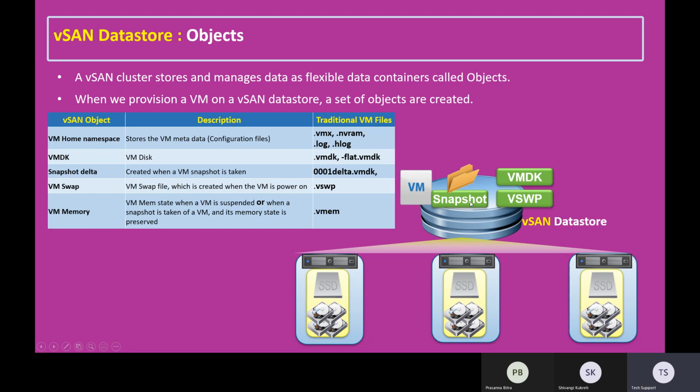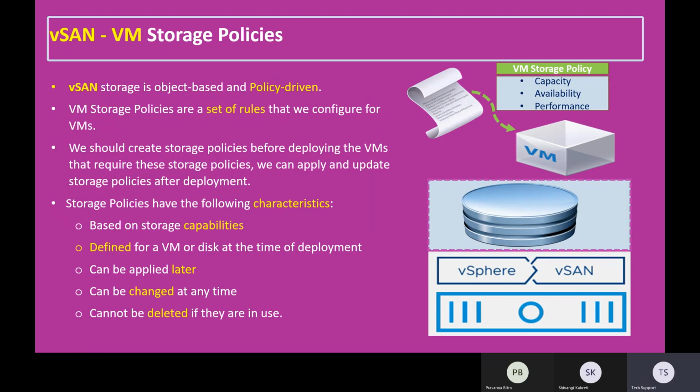Okay, so now we can observe the vSAN virtual machine storage policies. This is the storage policies concept. Within our virtual machine storage policies, vSAN storage is object-based and policy driven. Policy driven means you can set any virtual machine storage policies.